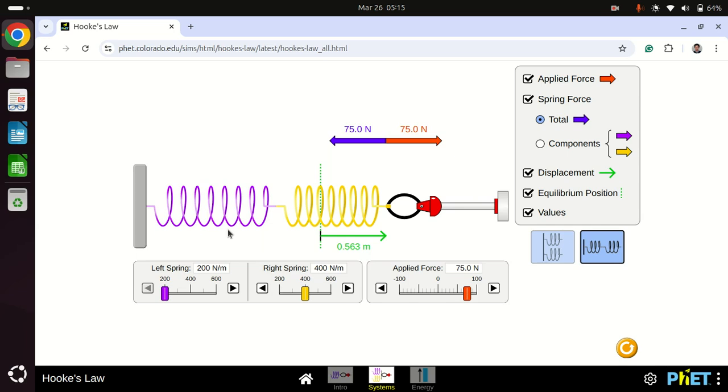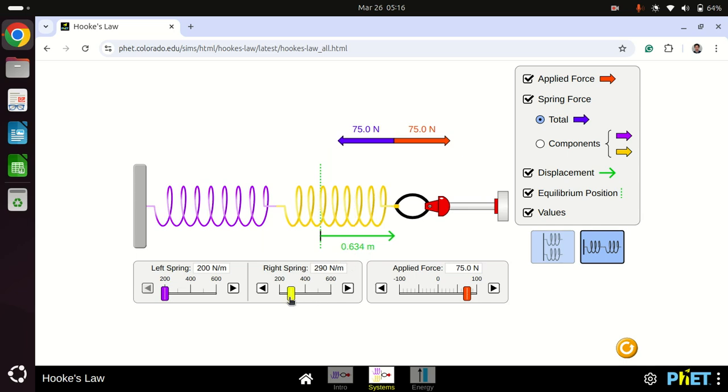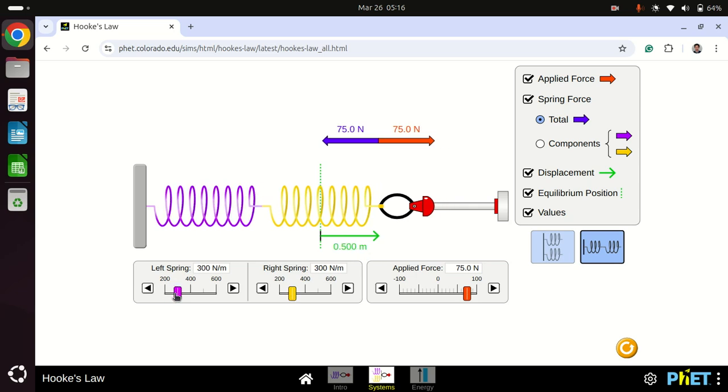Again I have kept the same values as I used earlier for the parallel springs. Now you can see there is a different value of displacement. This means there is a different formula for combination. So let me check. If I keep both at 300, can I get the same value? No, I didn't get the same value.